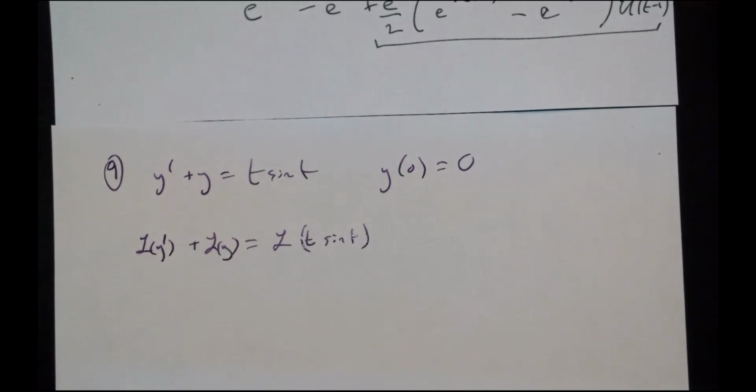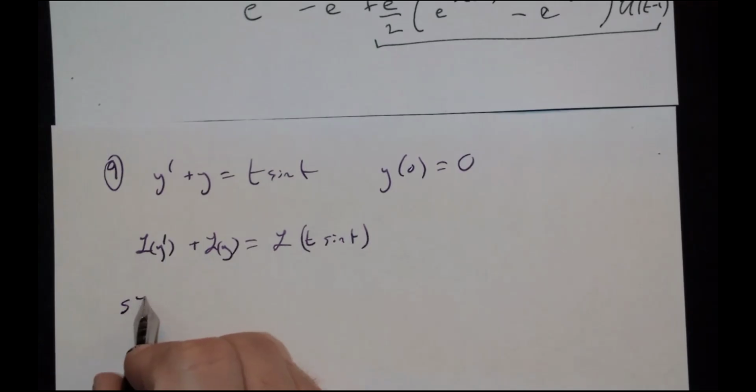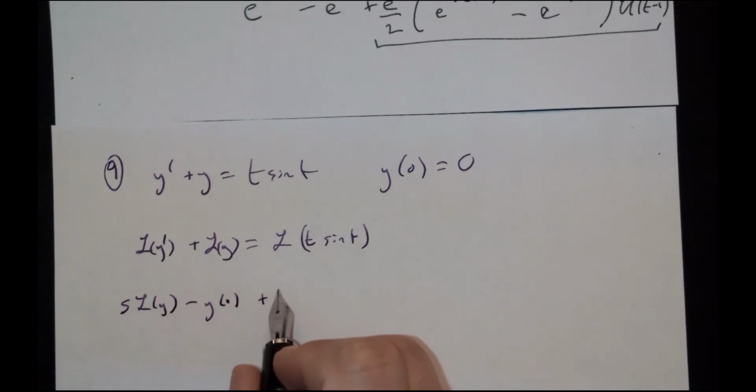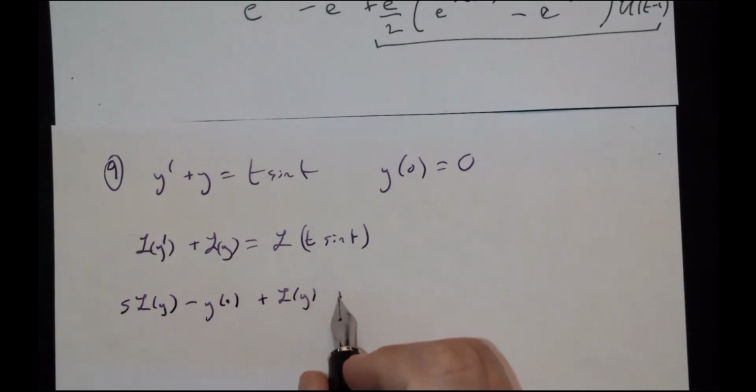Laplace transform of y prime is s L of y minus y of 0, plus L of y equals, all right, L of t sine t. The extra t is the part that's throwing me, right?